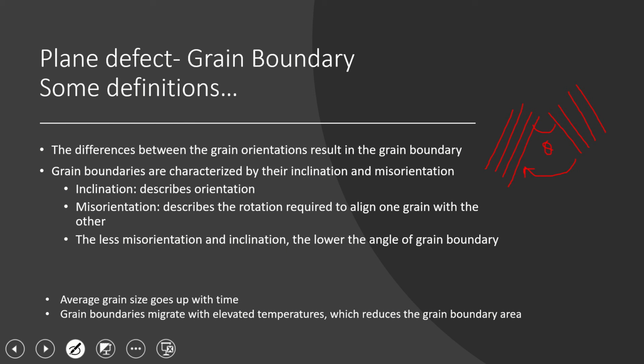Now, some very quick properties of grain boundaries is that the average grain size goes up with time, and that is because the grain boundaries migrate under elevated temperatures and over time, and that reduces the grain boundary area.